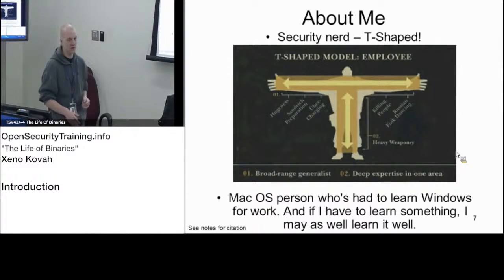They look for T-shaped employees because when you get 10 people on a project and one of them's deep in this area, and one in that area, you overall have a lot of deep expertise. You have at least one person who's good at everything. So this is more what I think describes me these days and what I aspire to more.